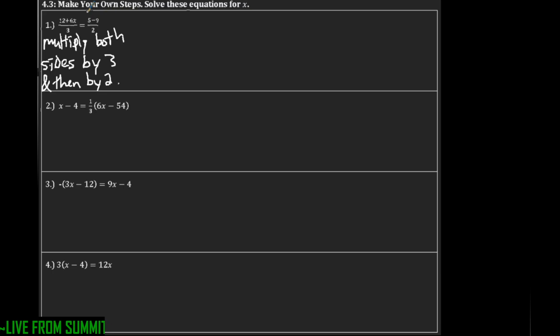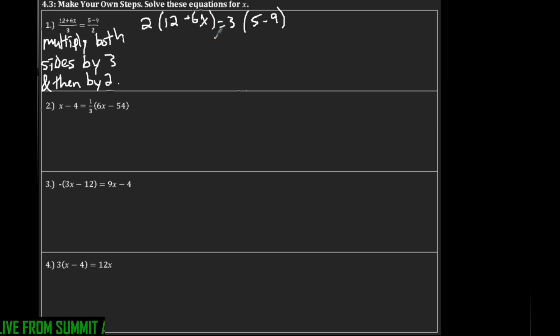I multiply both sides by 3 and both sides by 2. I should end up with this. I'm going to have 2 times 12 plus 6x, because I got rid of the 3, but I still have to multiply by 2. On the right side, I should have 3 times 5 minus 9. Again, there's multiple ways of approaching this, but I wanted to show you at least one way.